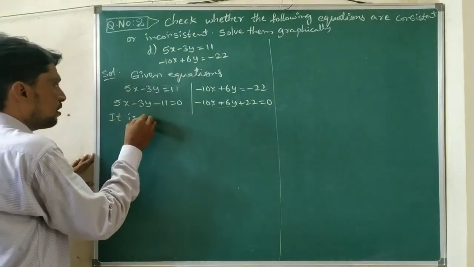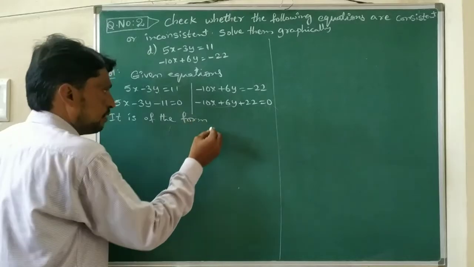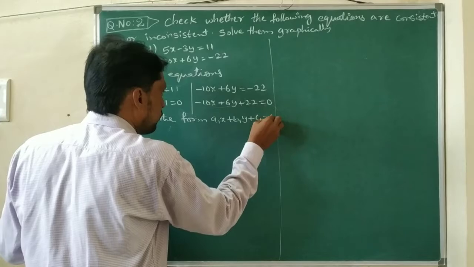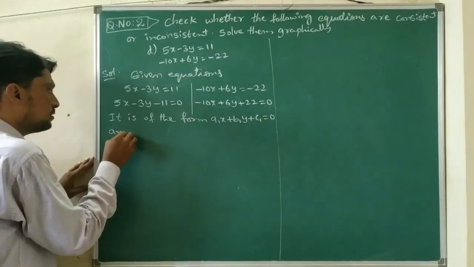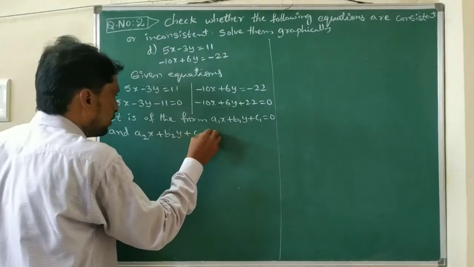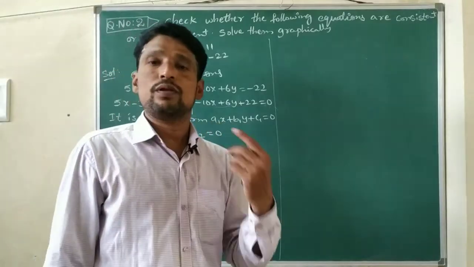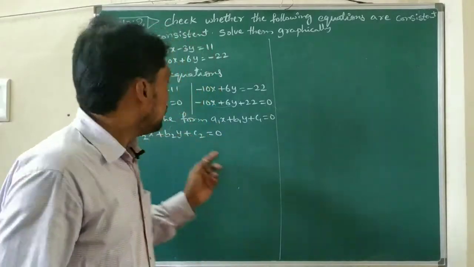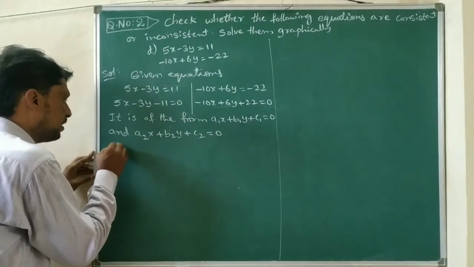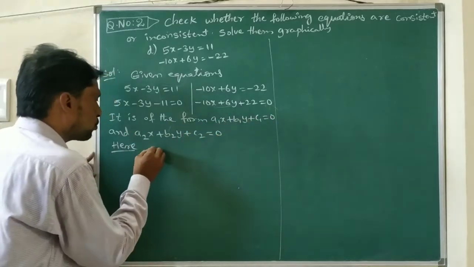Now both equations are of the form a1x plus b1y plus c1 equal to 0, a2x plus b2y plus c2 equal to 0. Now see what a1, b1, c1 are.